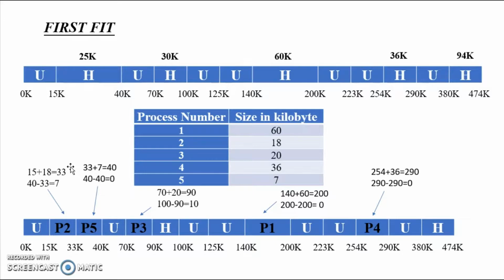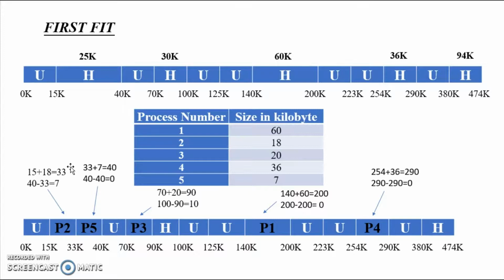So when it comes into the first hole, which contains only 25 kilobyte of space, it cannot fit into it. So it proceeds to the second hole, which contains 30 kilobyte of space. So it again cannot fit for process number 1.